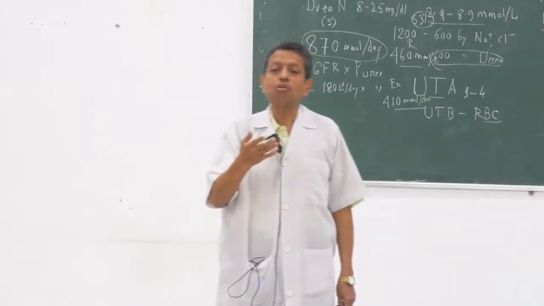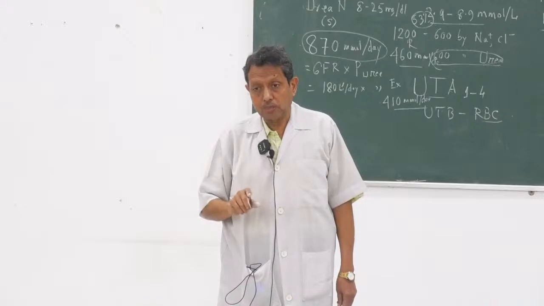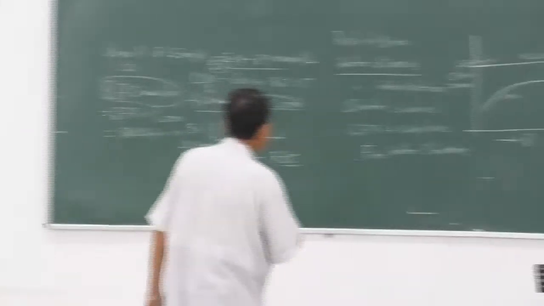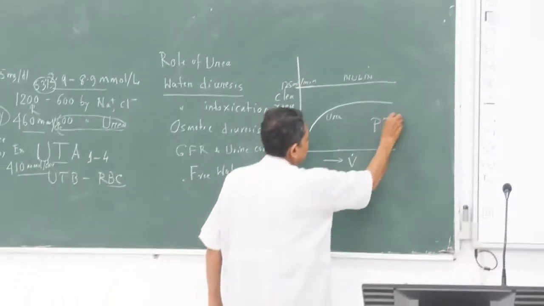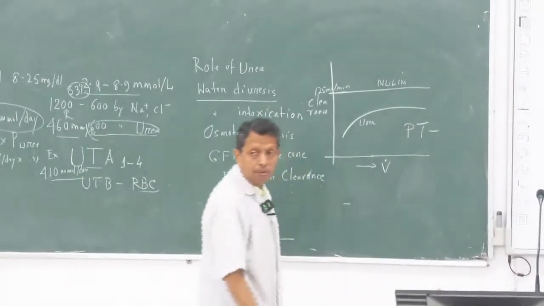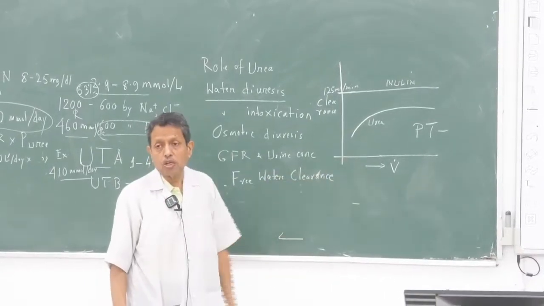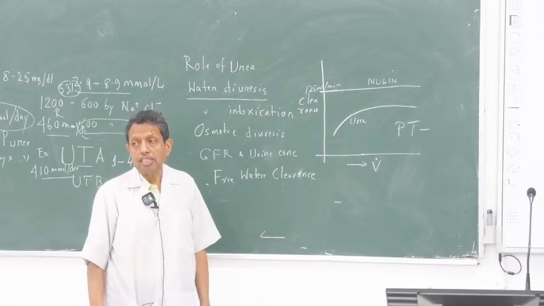In that connection, we have to think about what occurs in the different segments of the nephron. In the proximal tubule, which percent of the filtered load of water is reabsorbed?